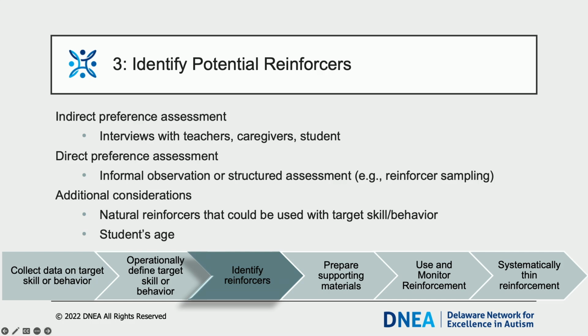Direct ways to identify potential reinforcers include completing informal observations, such as taking note of activities, objects, and foods that a student chooses when allowed free choice. Structured observations also help to identify reinforcers. The type of assessment that you may use will vary on the situation and the student.